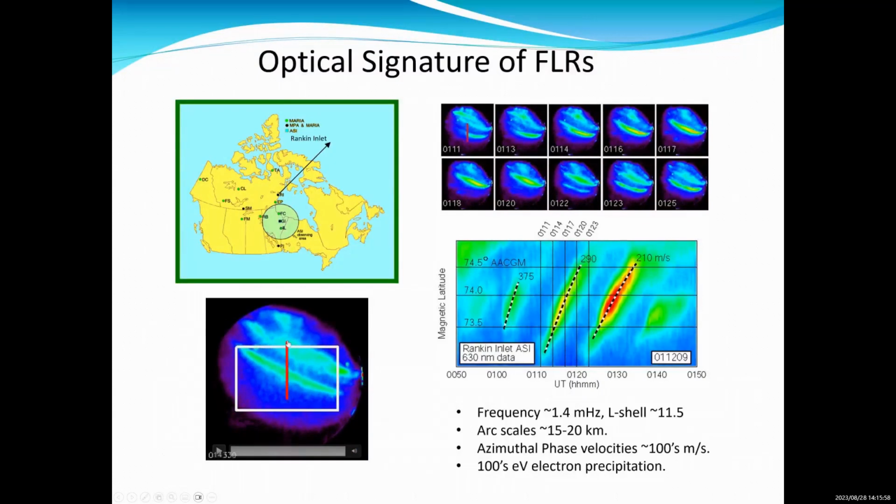If you imagine drawing a line through this arc system, and then you plot the intensity that you see as a function of latitude and time, then this is the picture that you get. In terms of UT, you're looking at a range of latitudes at a particular longitude corresponding to this interval of UT.